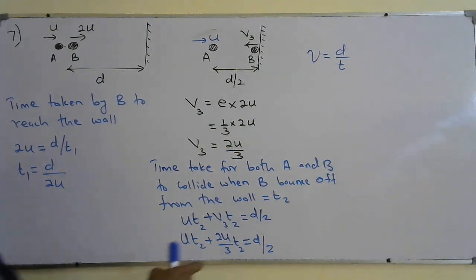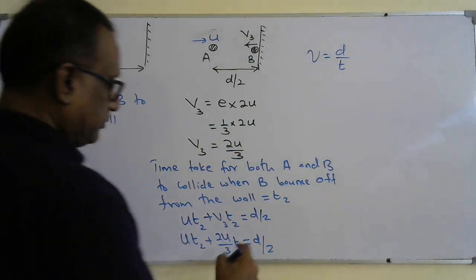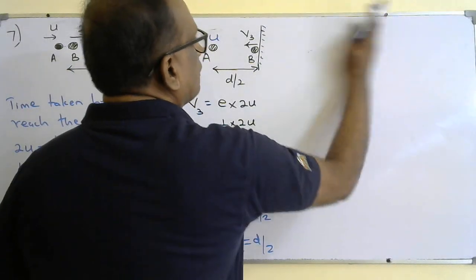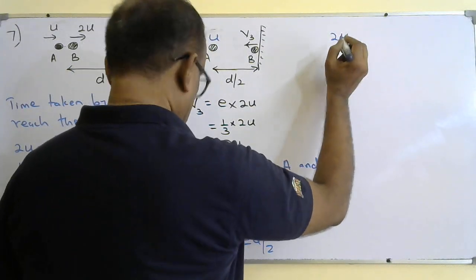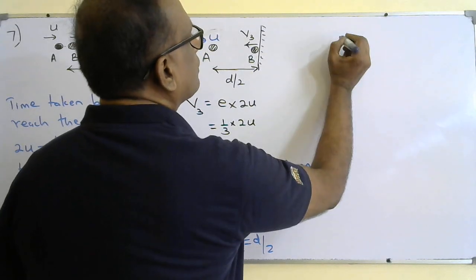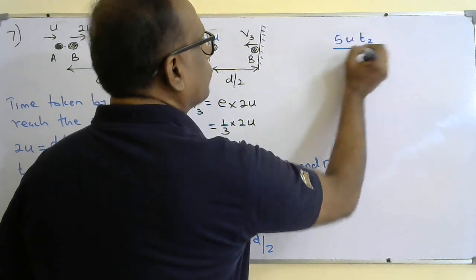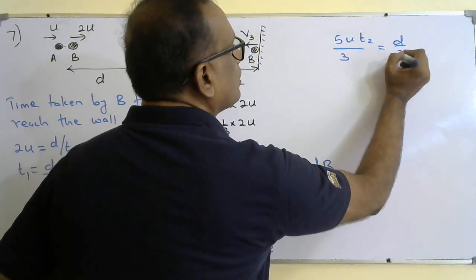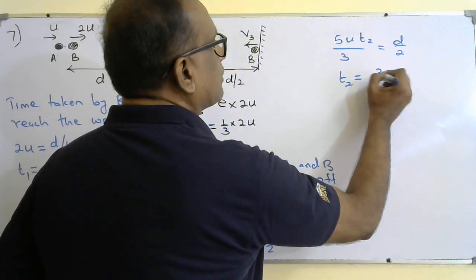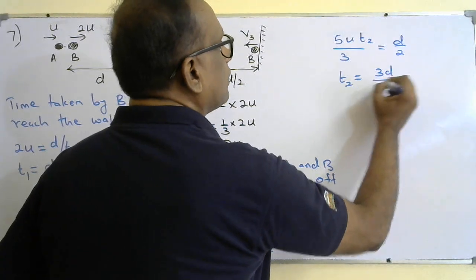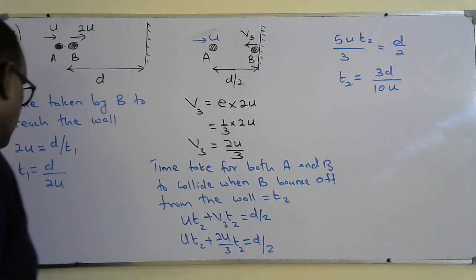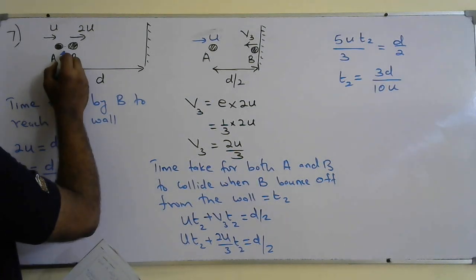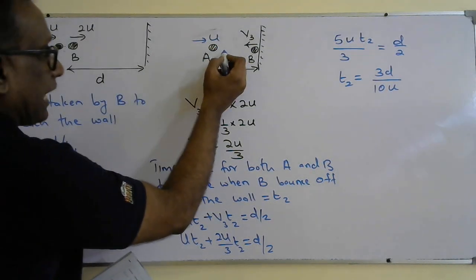That will be 3 plus 2, 5U over 3, T2, equals D by 2. So T2 will be 3D over 10U.